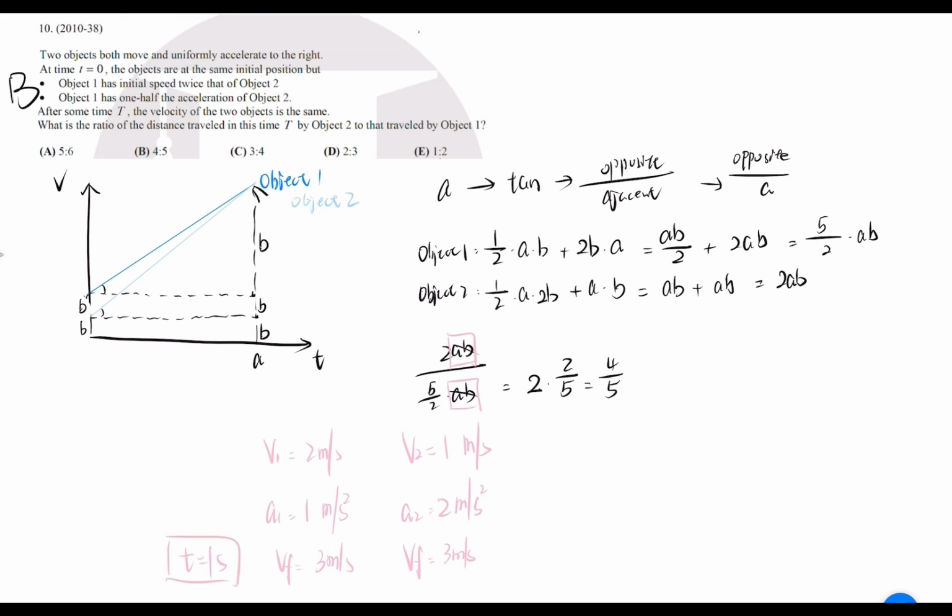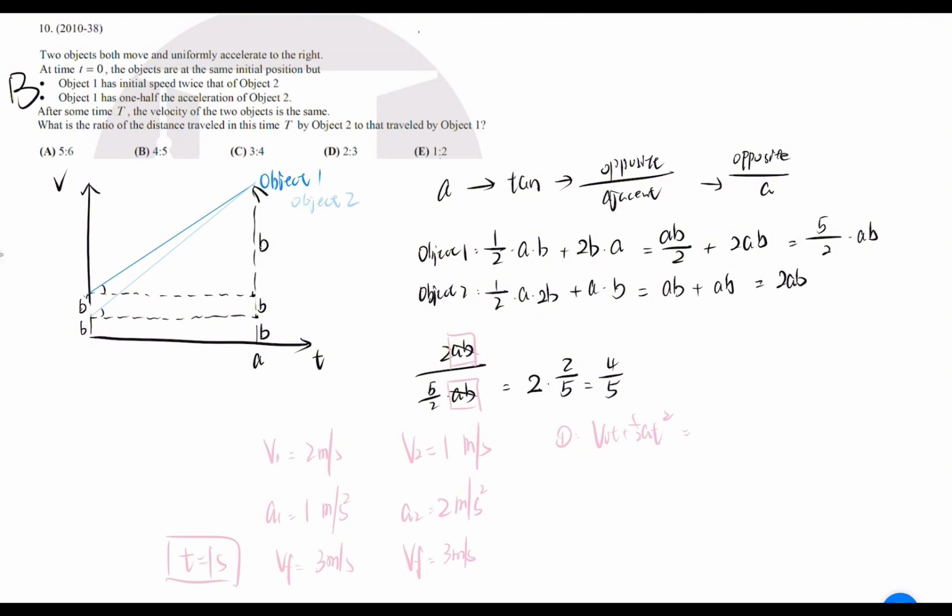For object 1, it's initial velocity multiplied by time plus 1/2 multiplied by acceleration multiplied by time squared.